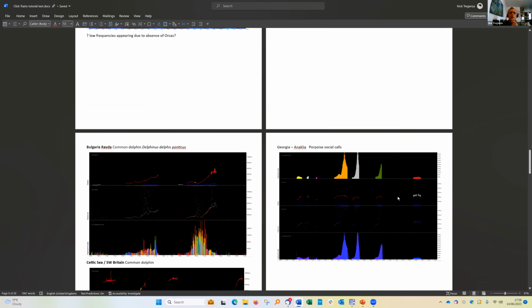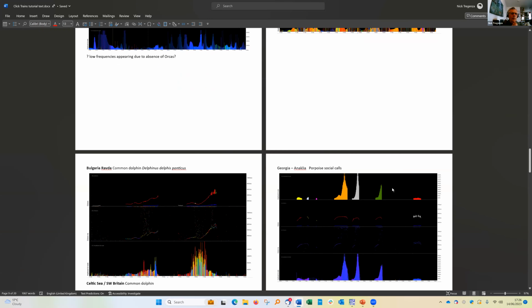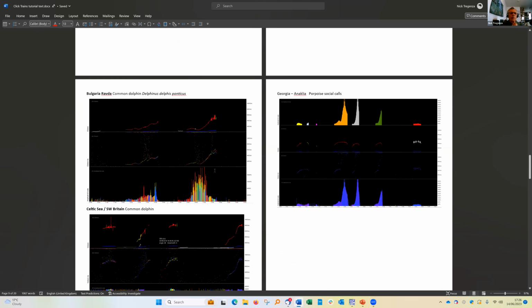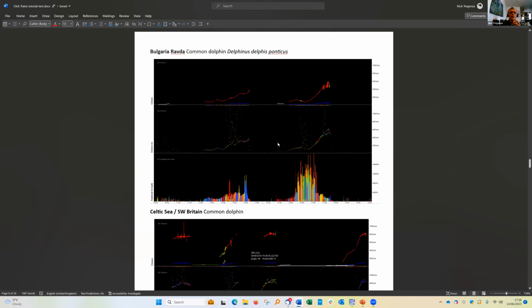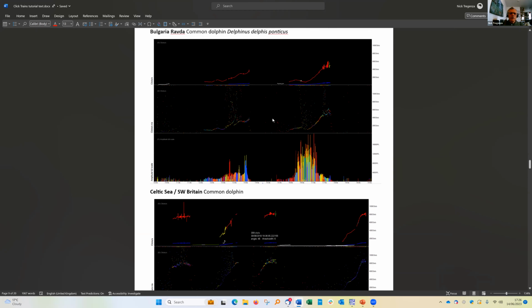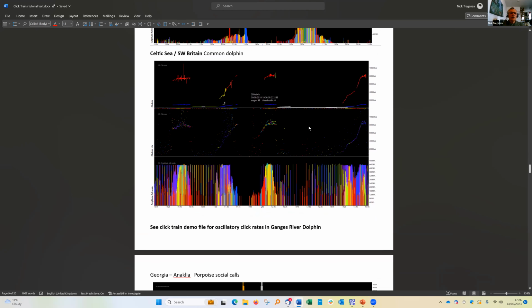Okay, so we've had a look at click trains. Here's a little bit more. This again is from the Black Sea Trends project. This is from Bulgaria, and these are fairly typical buzzes there. This is from the Celtic Sea here.